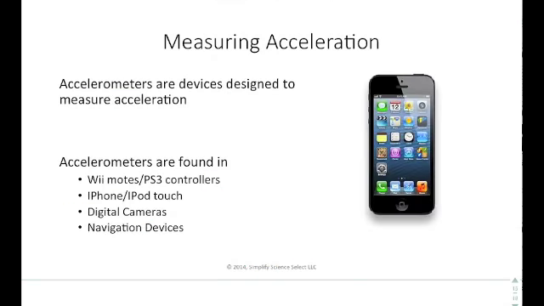So now, measuring acceleration. Generally, we measure acceleration with a device called an accelerometer. There are accelerometers in Wiimotes, PlayStation 3 and PlayStation 4 controllers, Xbox controllers, iPhones, iPods, and digital cameras. All those things have accelerometers in them, and you can tell because they can detect how quickly the motion changes.